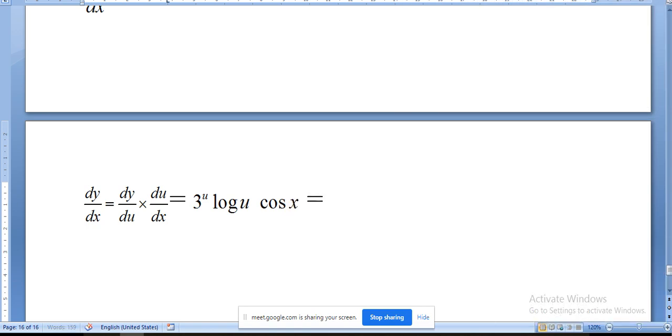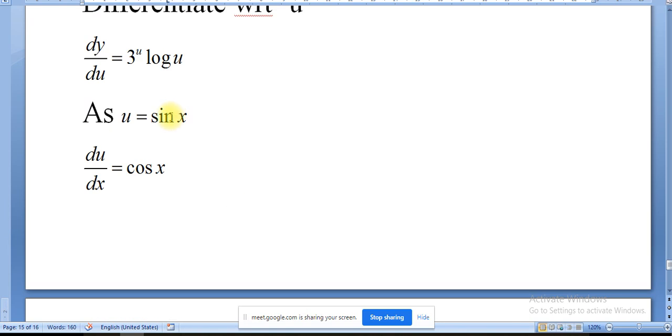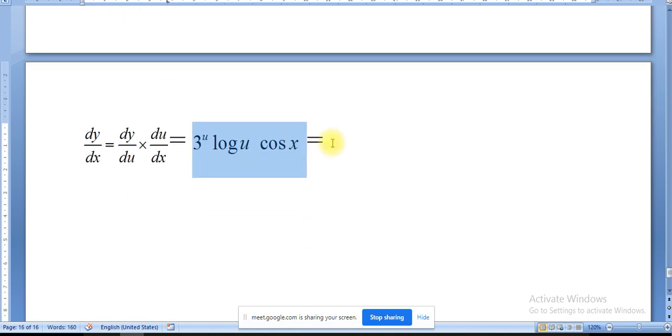This is the answer, but here our answer is in u and x both. They are asking us to find the derivative of y with respect to x, so we should not have any term other than x. So let's replace u. What was u? u is nothing but sin x.